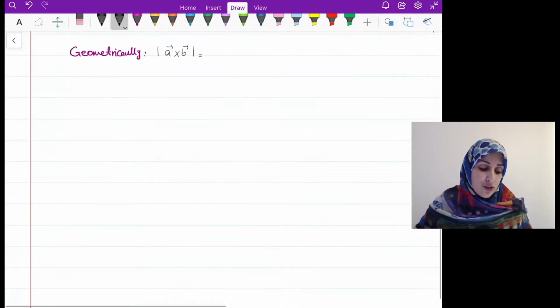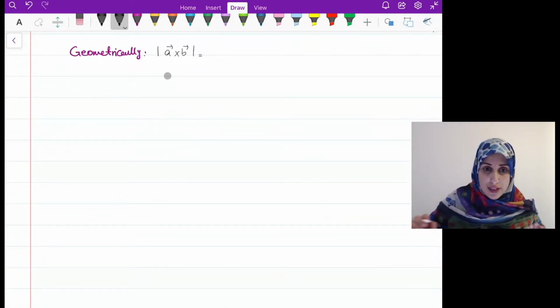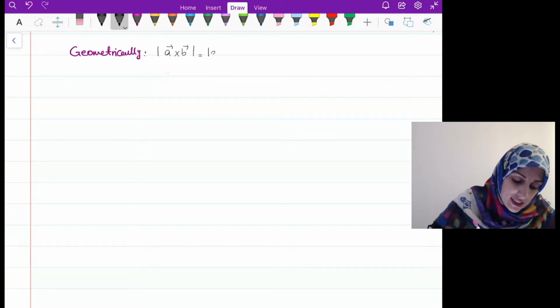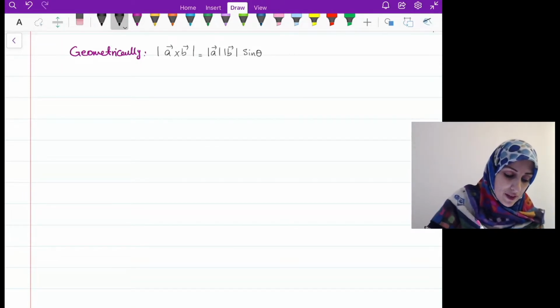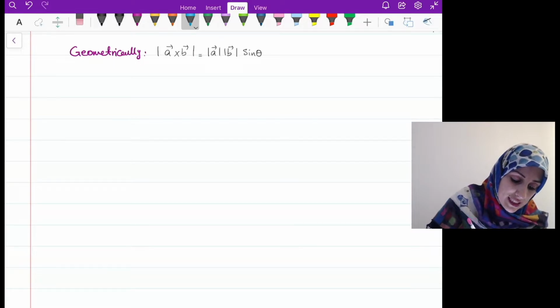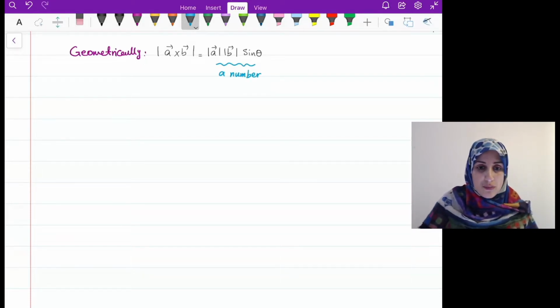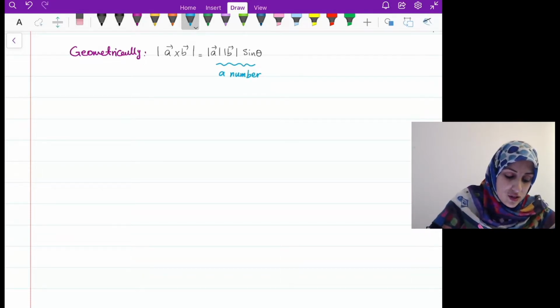So this vector has a length. The length of this vector is the length of A, the length of B, and then sine theta, where theta is the angle between A and B. Notice that this is just a number. Lengths of vectors are numbers, and sine theta is just a number.